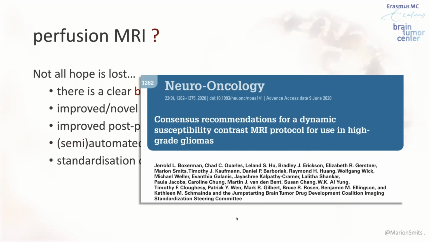Last year, consensus recommendations for DSC MRI have been published based on not only expert opinions, but also simulations where various protocols were tested, and there's clear recommendations now. All we need now is for people to follow them, which is another big step.